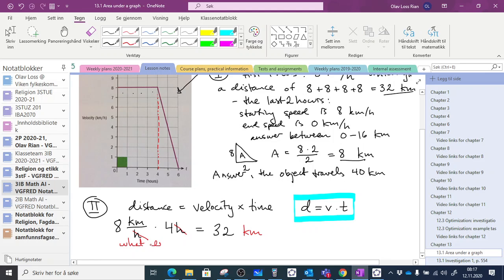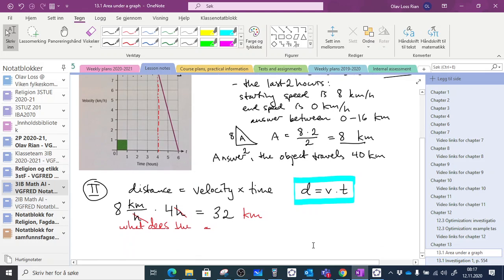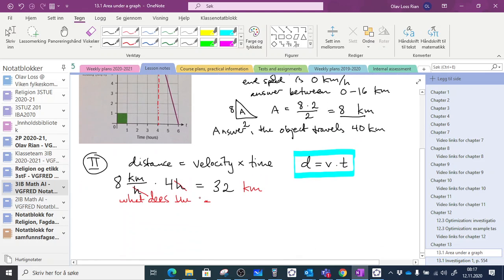What does the green square represent? We'll take a minute to try to answer that question.